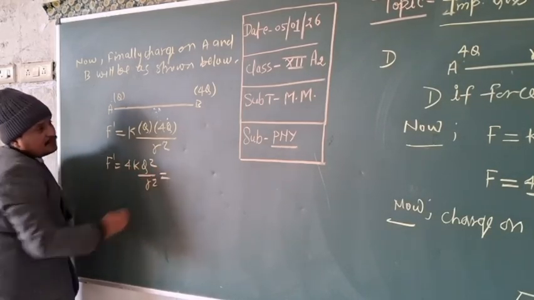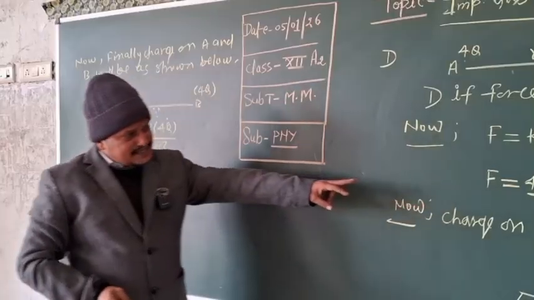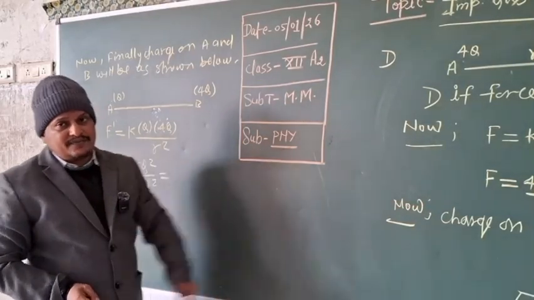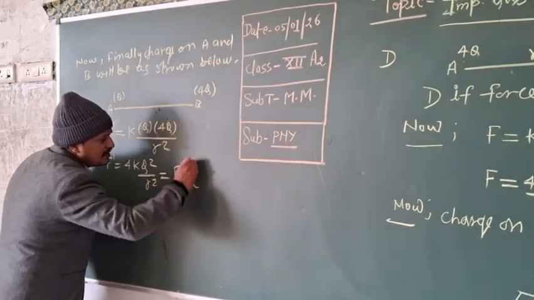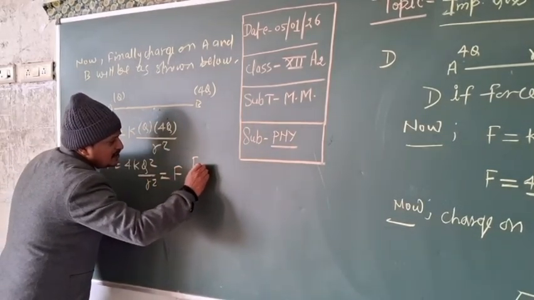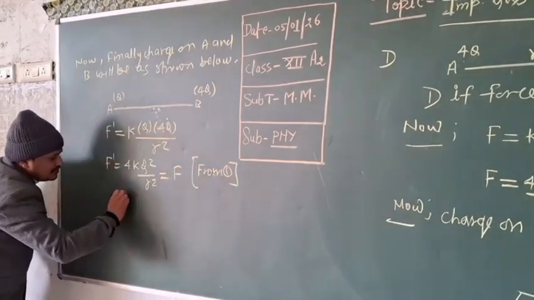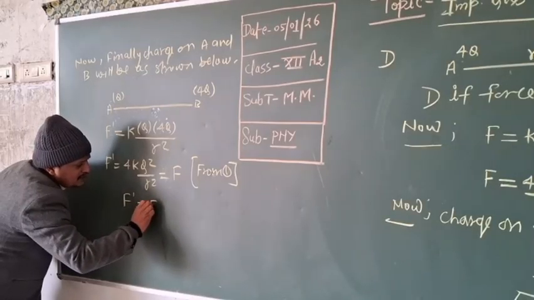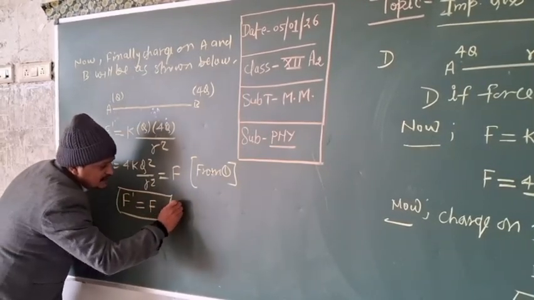From equation number one, this is equal to the value of F. That is the final answer. Finally, the force between A and B will be the same as before.